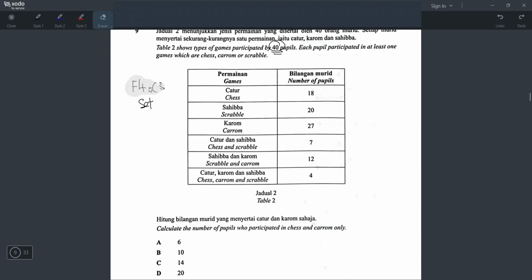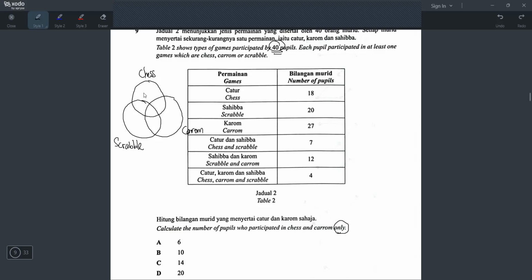And when we do this question, we have to look at this word, only. This word is very important. Okay, the word only is very important. Since there are 3 games here and there is overlapping, I will draw my diagram like this. It's very important to draw the diagram to do this question, right? This circle I will call the chess circle, this circle is for Scrabble, and the next will be carom, right?